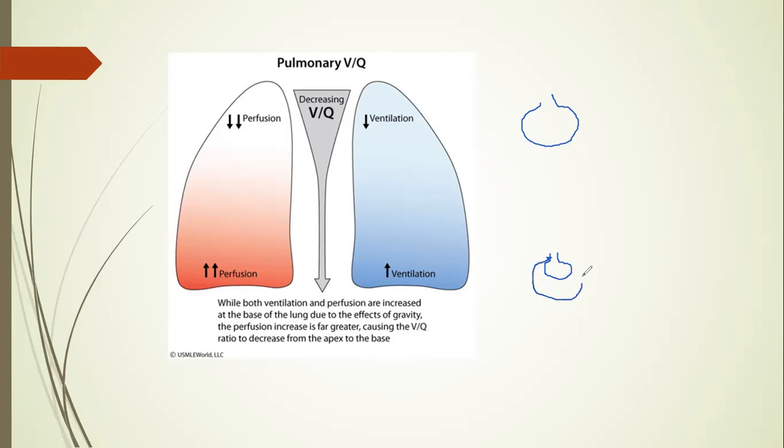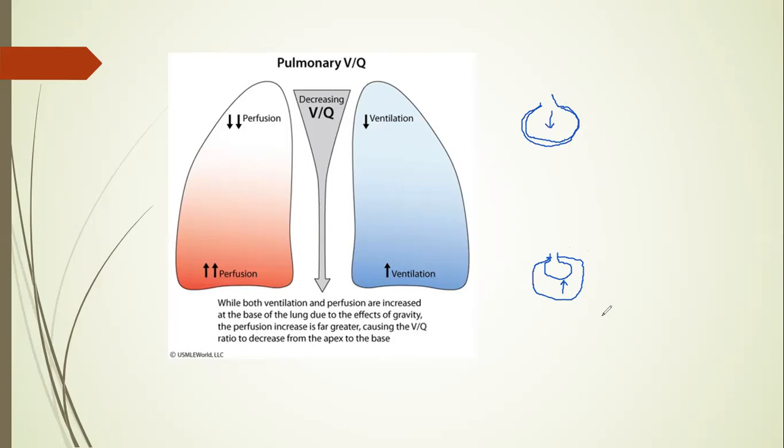So at the end of inhalation, we have more air coming in. This one, at the end of inhalation, we have very low amount of air that has moved in. So in this case, we say low ventilation. In this one, we say high ventilation. Thank you. So does that, okay.